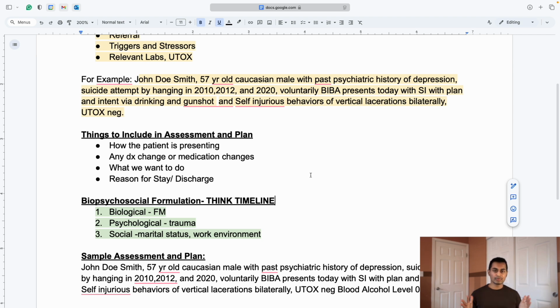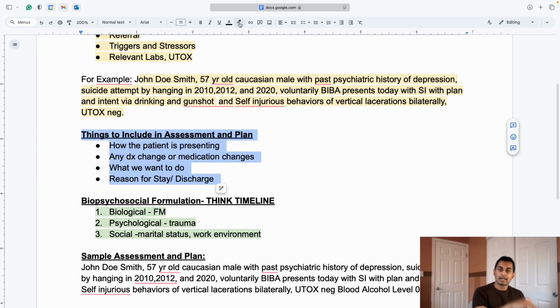So it's something that we can add to our assessment and plan to further support why we're choosing to discharge a patient, why we're choosing to put them on a hold, or why we're choosing to prescribe certain medications. And we'll get more to that at the bottom with the example that I have here.